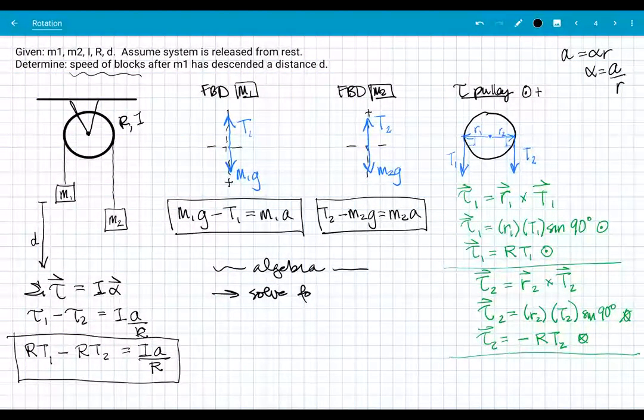You can solve for acceleration using these three equations that I have boxed up here. Those are the three equations from your three diagrams. And once you solve for acceleration, you've got the kinematics to determine the final speed. Determine the vf. Good. Okay.